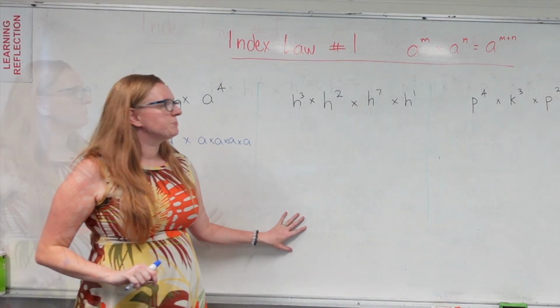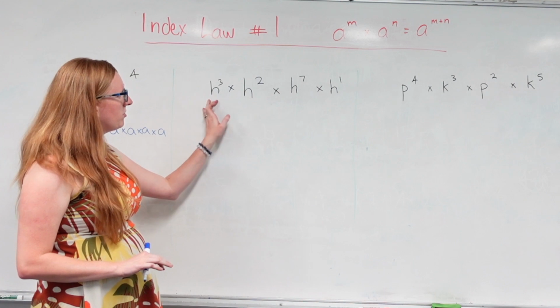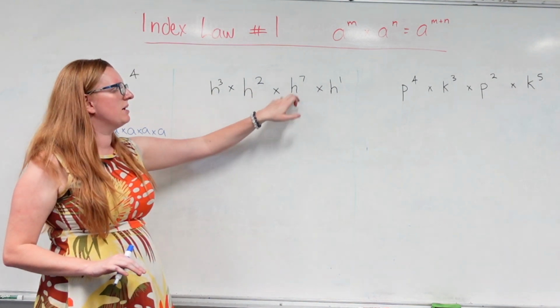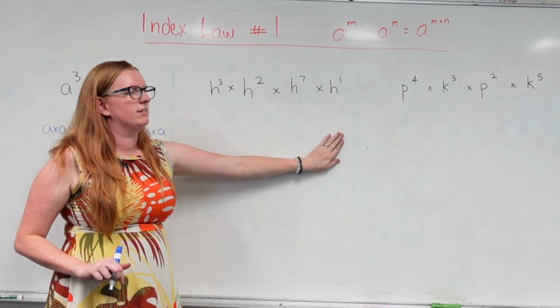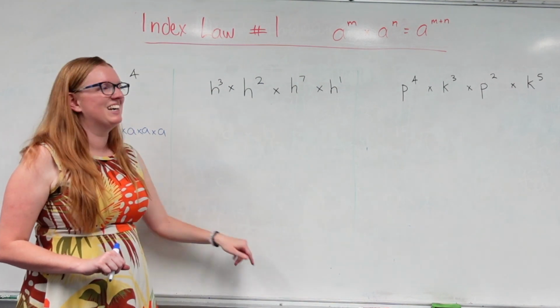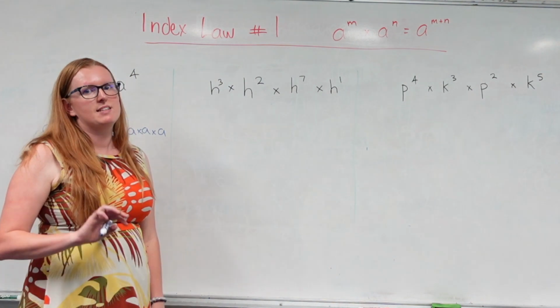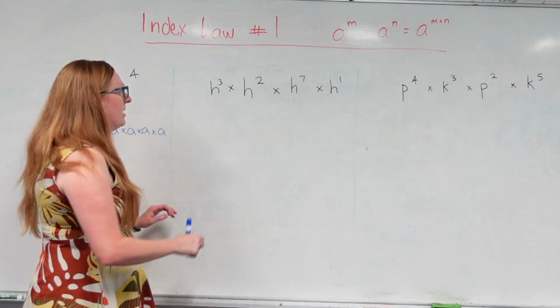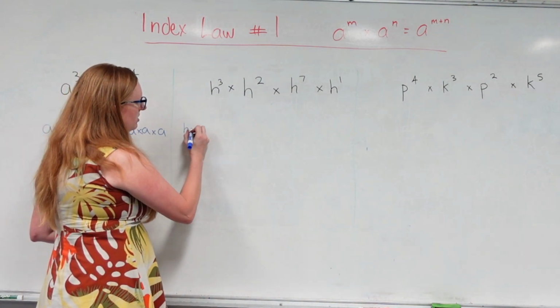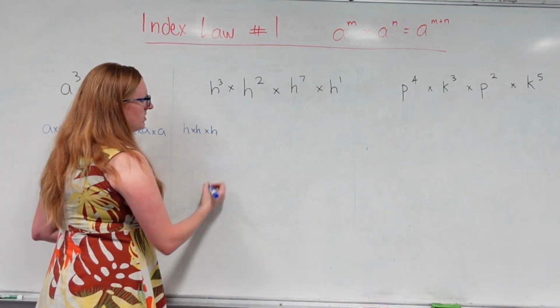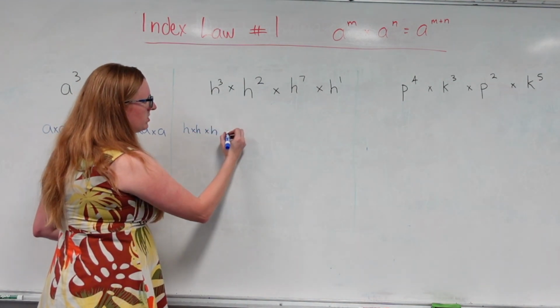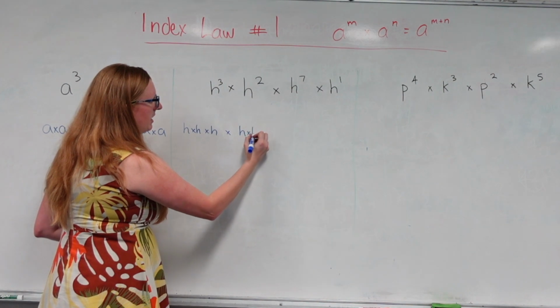Let's do it again here. So I've got h to the power of 3 times h to the power of 2 times h to the power of 7 times h to the power of 1. All right, let's first of all write it out in expanded form and see if we can derive our law again. So I've got 3 h's, h times h times h. Here I've got 2, so h times h.